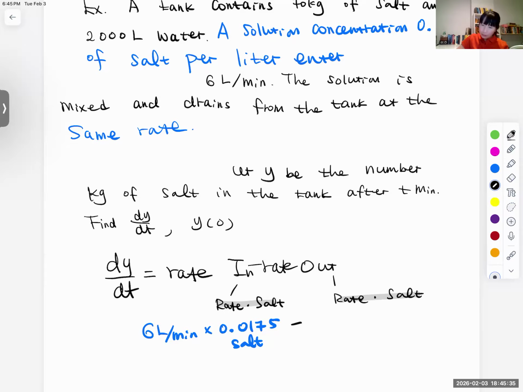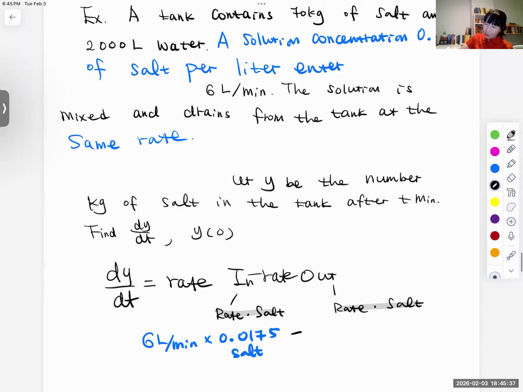And then the right side is the same. Minus, they said the same rate, so 6 liters per minute.